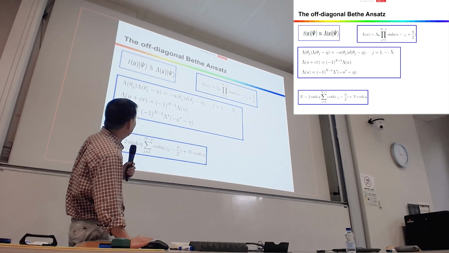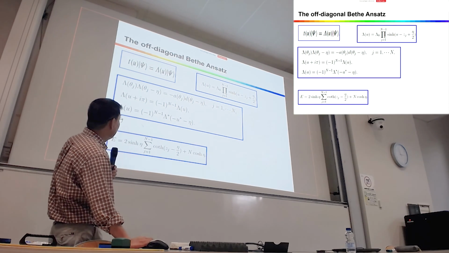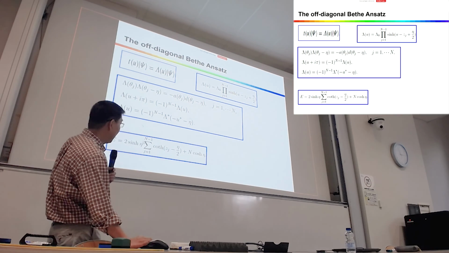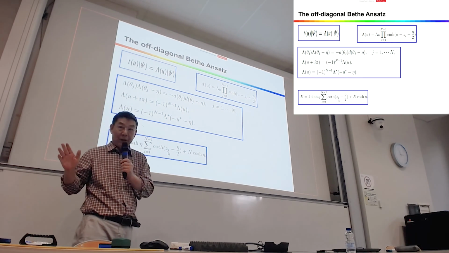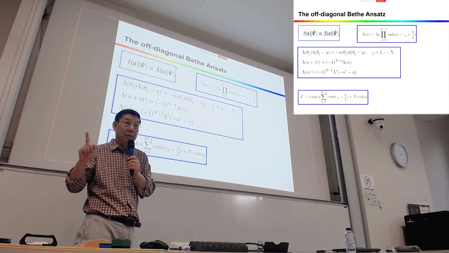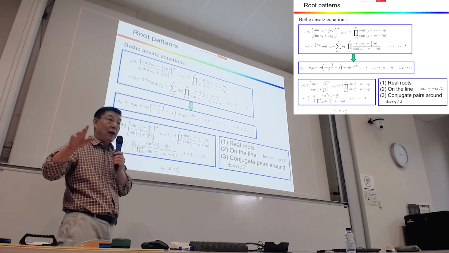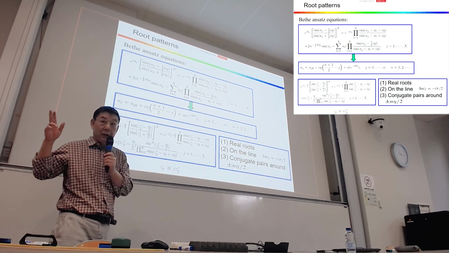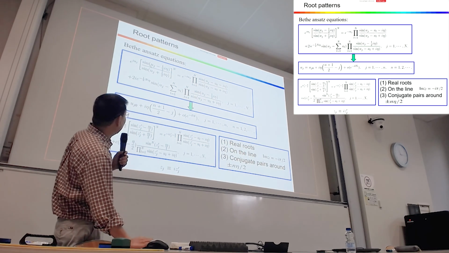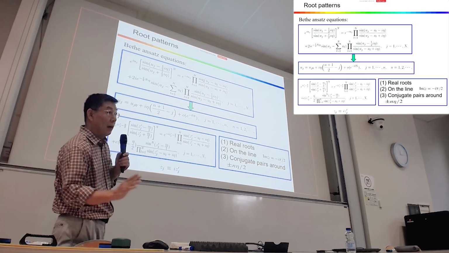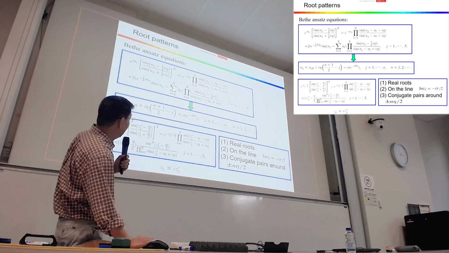Now we can use our method to define the eigenvalue of the transfer matrix, as from these identities we can get the spectrum. There's no problem, but here it is no longer Bethe roots, but the roots of the transfer matrix. Okay. But of course, with the off-diagonal Bethe ansatz from the inhomogeneous TQ relation, we could get the Bethe ansatz equations with these being the normal Bethe roots, but with an extra term.